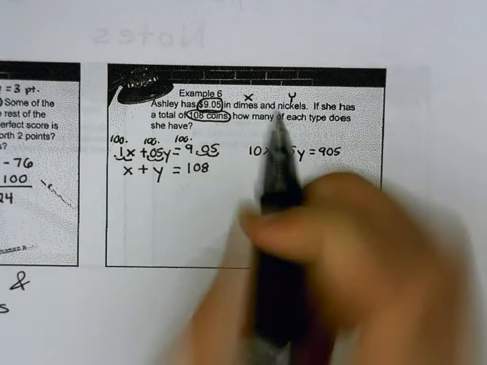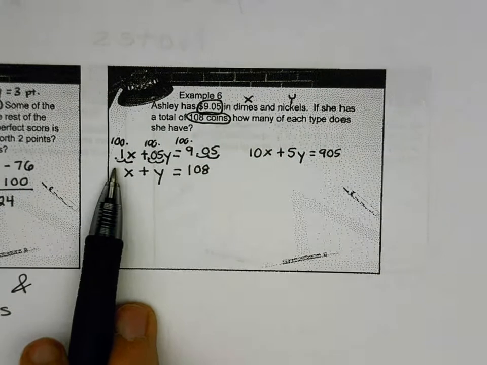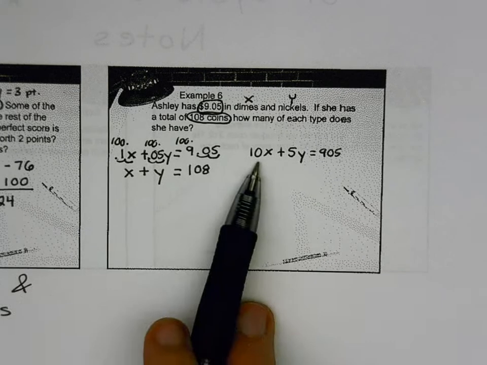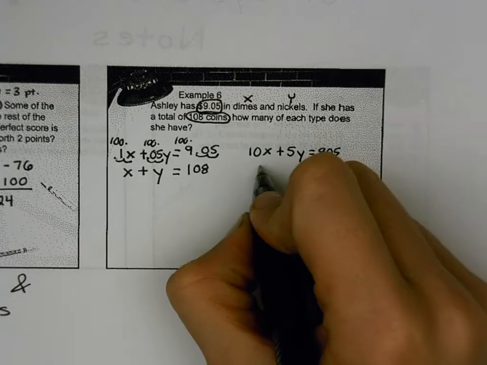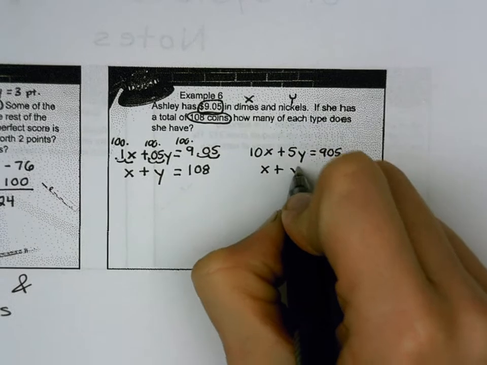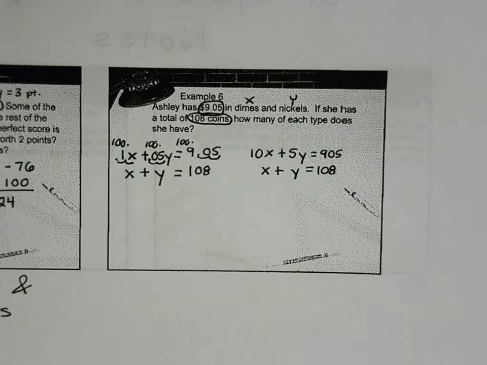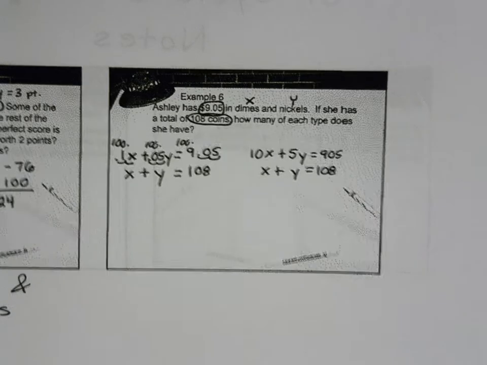And so this 0.1, when it moves twice, gives me that 10 over here. And then I'm going to go over and rewrite this bottom equation, x plus y equals 108. So again, you don't have to take that step. It's just I personally like to, because I like to not have to work with decimals.